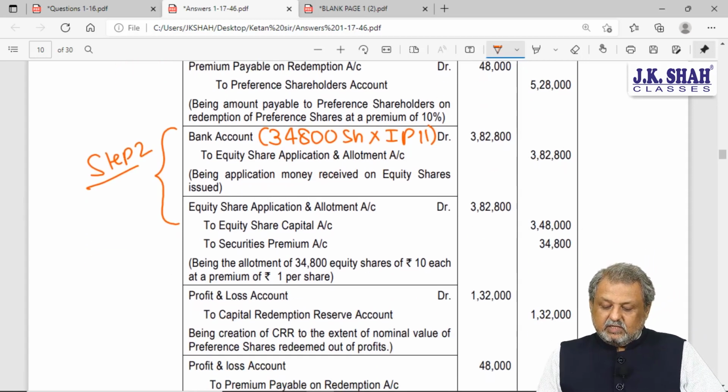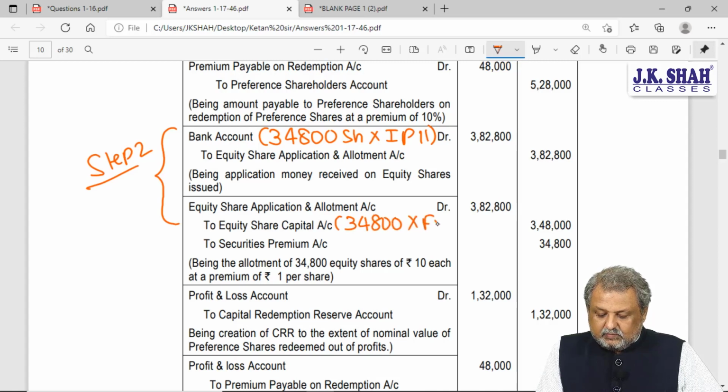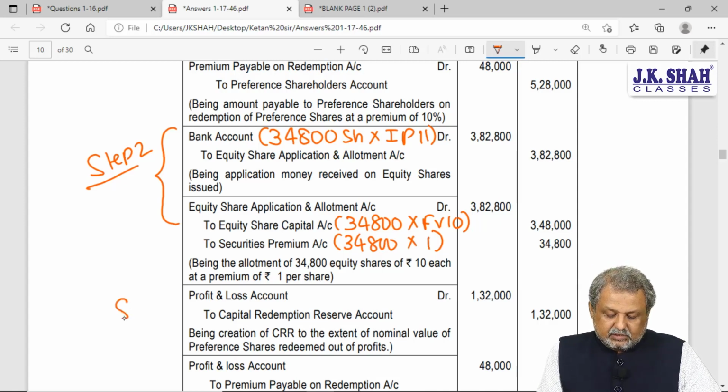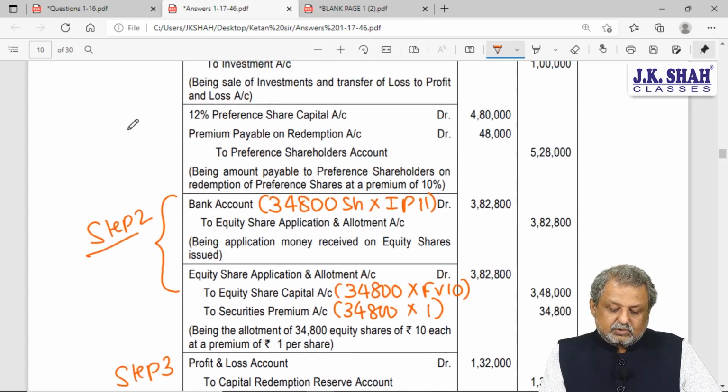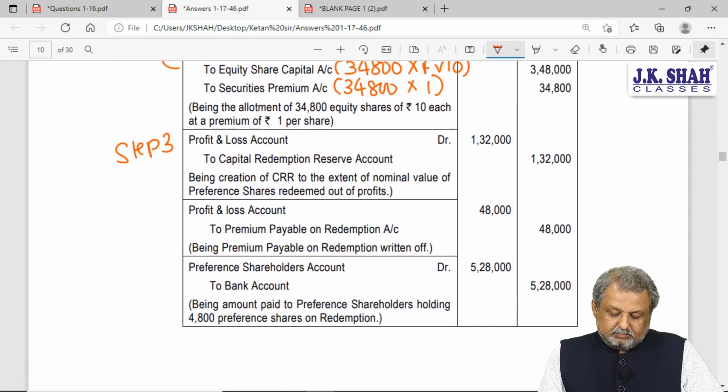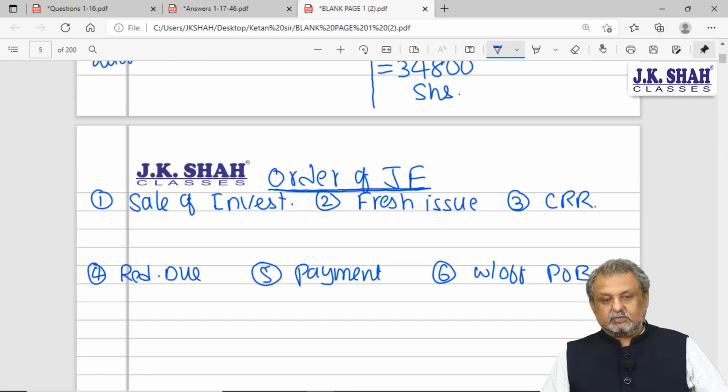But equity share capital 34,800 into face value 10 and 34,800 into premium 1. Then creation of CRR step 3, redemption due step 4, payment step 5, writing of premium on redemption step 6.